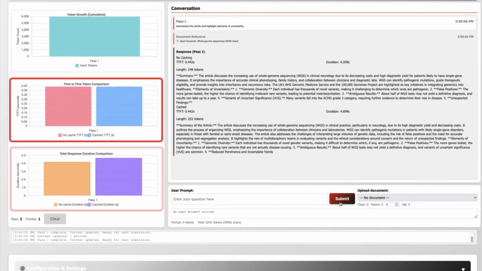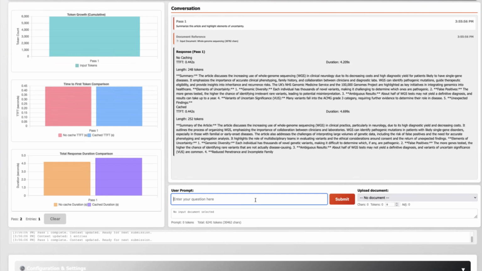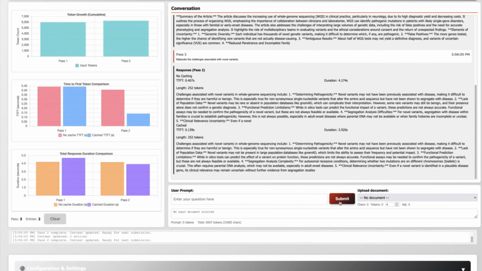The total response time for the cache side is actually slightly longer due to the overhead of creating the cached tokens, computing attention, and then storing them. When we ask a further question, you can see the time to first token for the cached engine is now much faster than the uncached one. Again, however, at small context lengths, the total response time is almost the same due to the overhead that was previously mentioned.